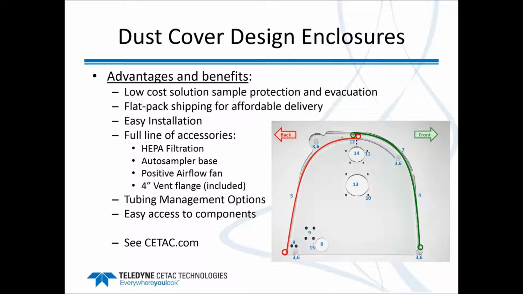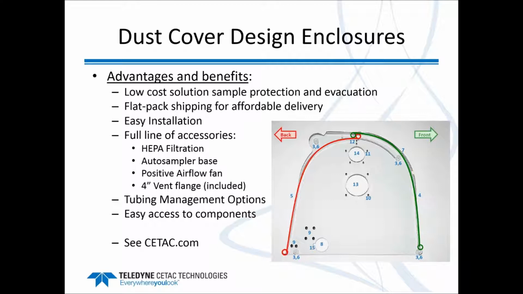A variety of options in the holes on the two sides of the enclosure allow for different tubing configurations, as well as installation of accessories. For example, if HEPA filtration is required or a positive airflow fan, it can be configured on both sides, or the 4-inch vent flange, which is included in the bill of materials for the enclosure.